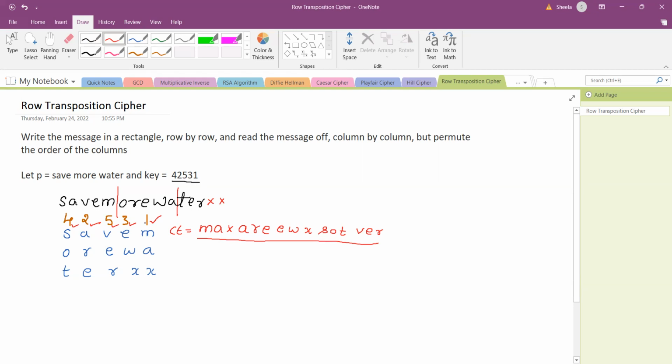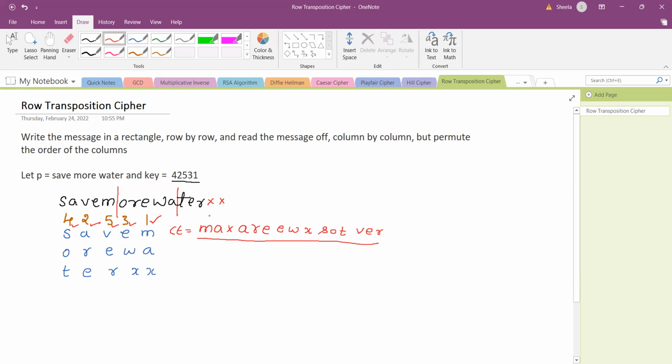First I read this column, next the second column, then number 3 is here, so I read this column. Number 4 is here, this column. Number 5 is here, this column. This is how we get the ciphertext. This is known as one round of encryption.